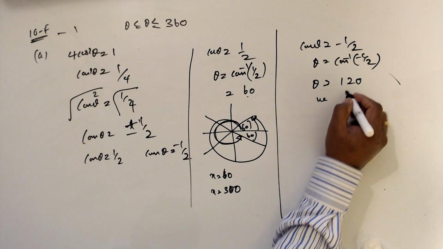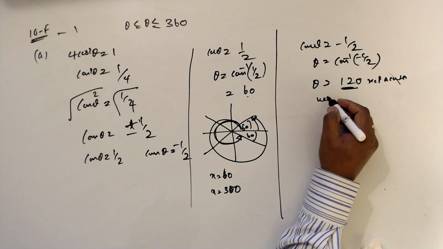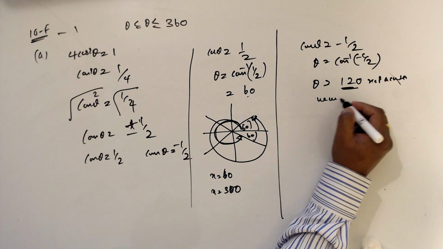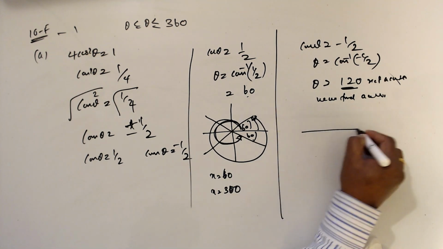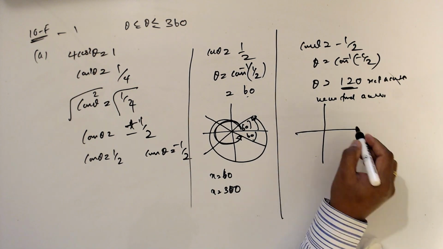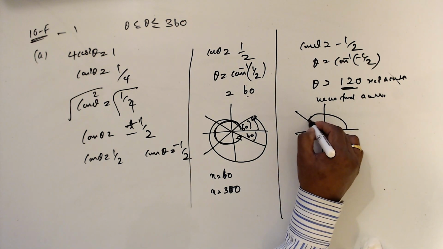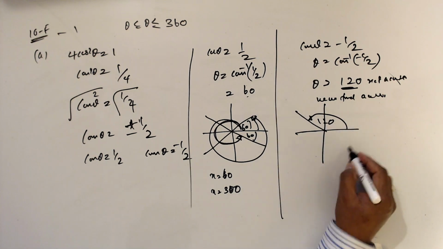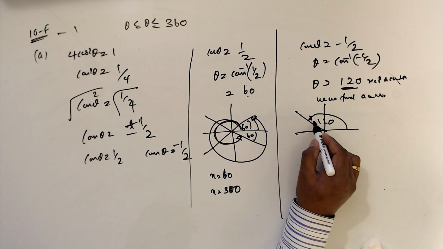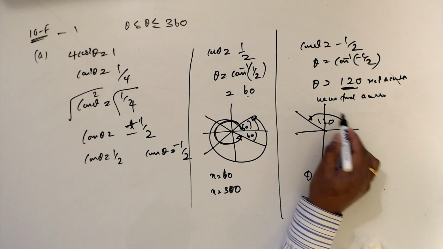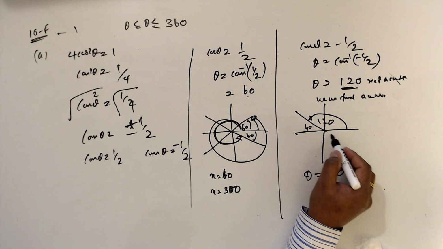Now this is not acute, so we need to find the acute angle. Actually, it is one answer. Now this is 120. This whole is 180. So this is 60. So this is the acute angle.